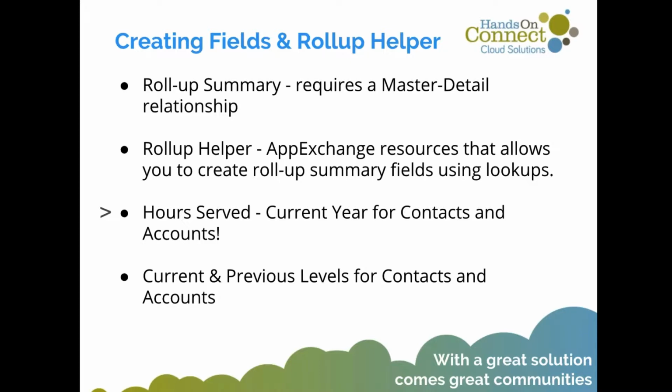We're also going to be creating 2 additional fields, one called current level and another called previous level, again, both in the contact and account records. The levels field is what we'll be using to track the milestones of the volunteer, and the hours served is what we'll be using to determine what level of milestones they are reaching.